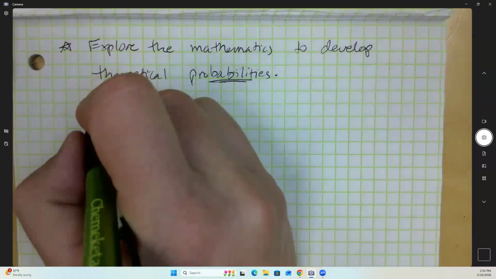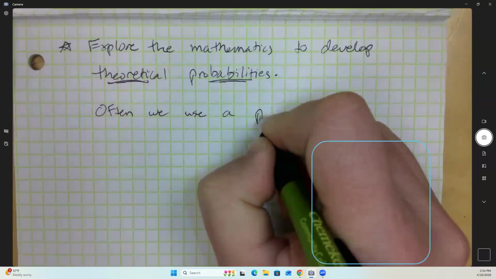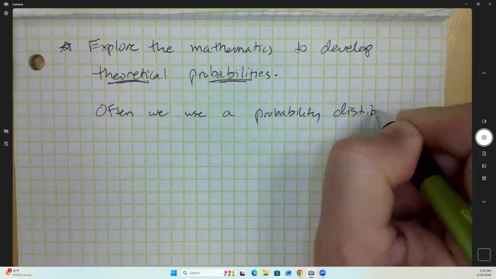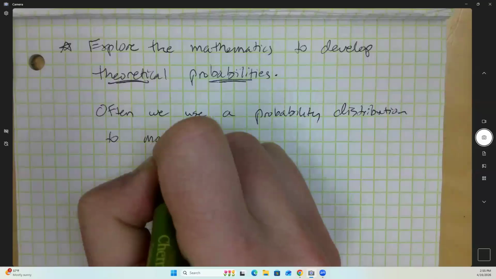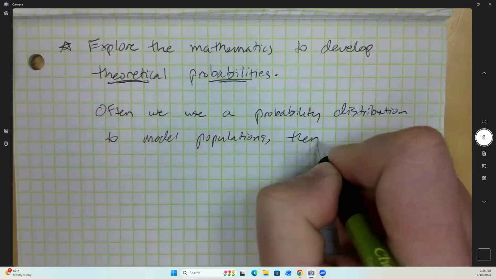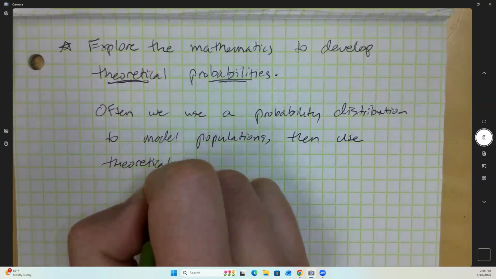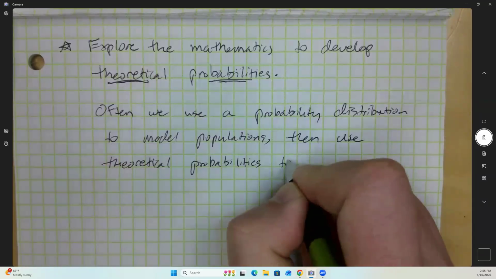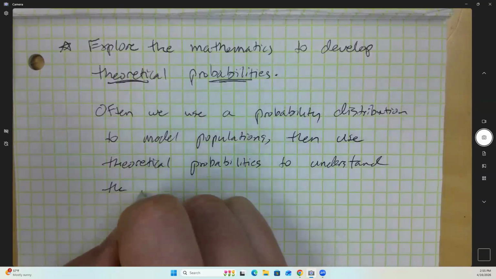So often, we use a probability distribution to model populations. And then we use theoretical probabilities to understand the population.